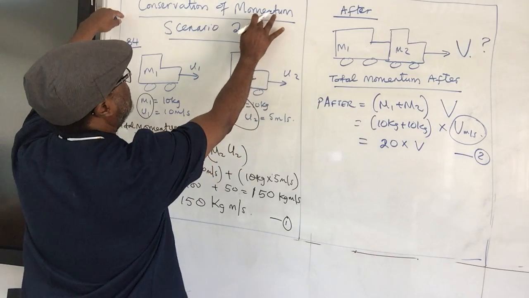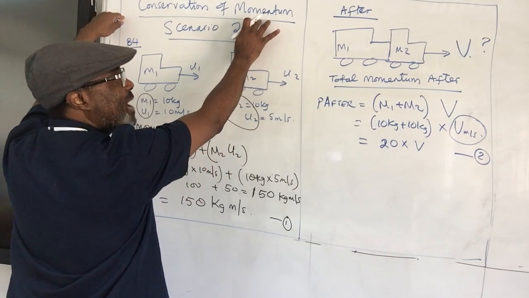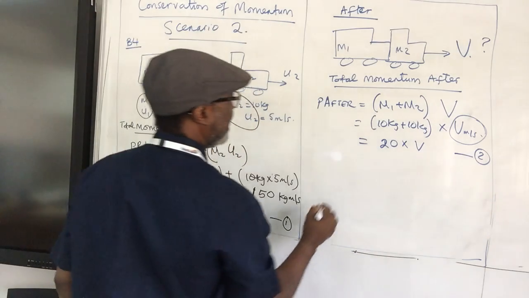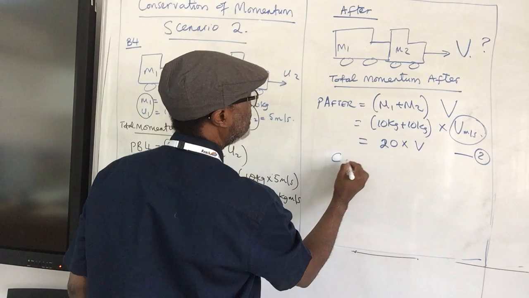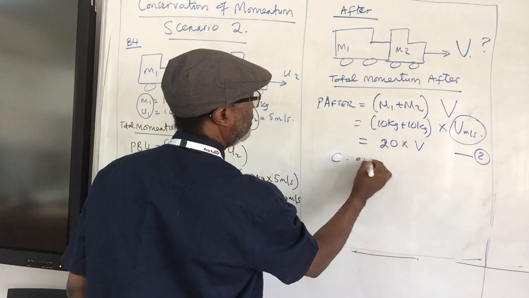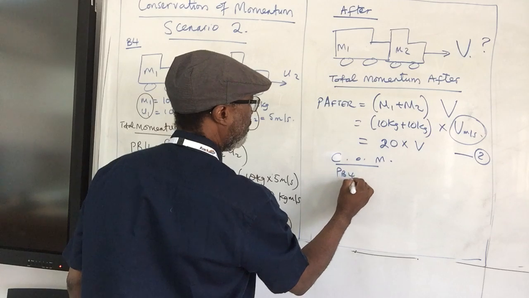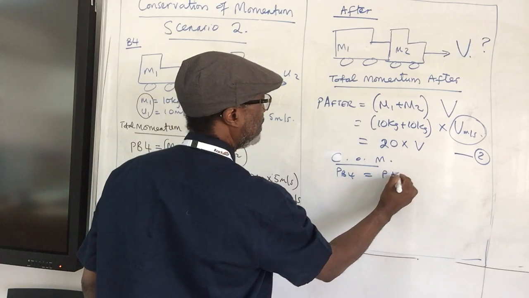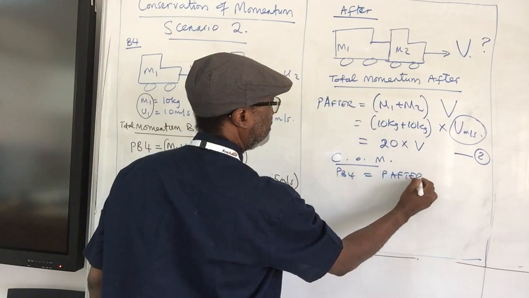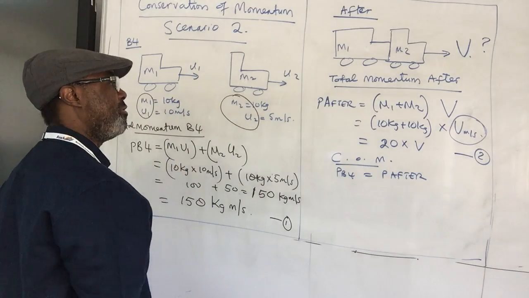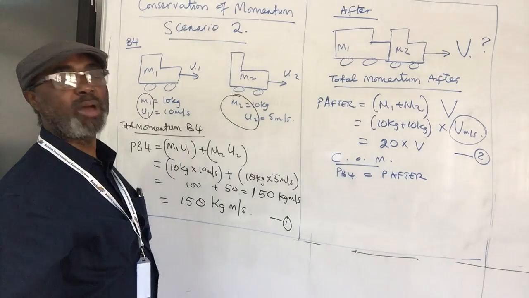According to the conservation of momentum, we must always go back to that. P before must be equal to P after. It means momentum before must be equal to momentum after.